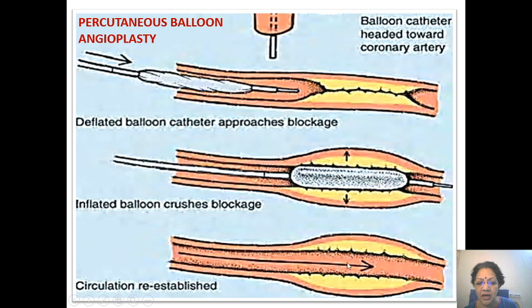And then after you have removed the balloon, the lumen, the bore of the vessel, has been restored to almost normal. The plaque is still there. You've done nothing for it. You haven't changed it in any way, but you have re-established the circulation. So the end point that you want is that you crush the blockage and re-establish the continuity.